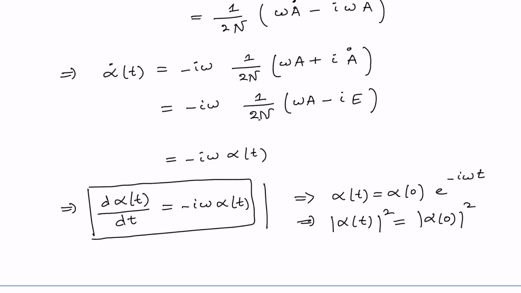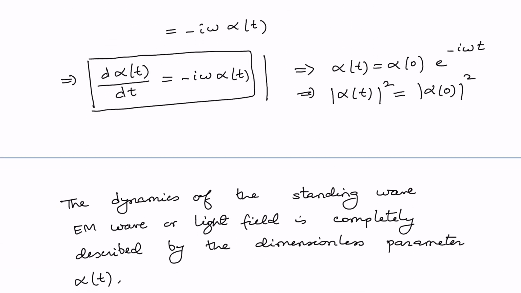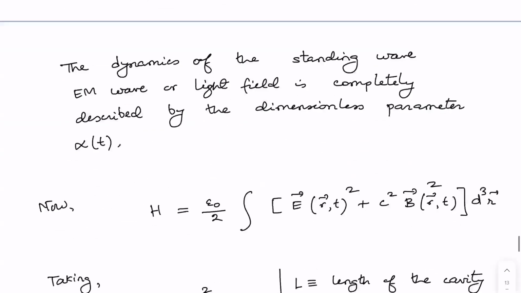We did a similar treatment in the case of the propagating wave as well. So alpha of t describes the dynamics of the standing electromagnetic wave, or the light field, completely, as we saw in the case of the propagating wave.